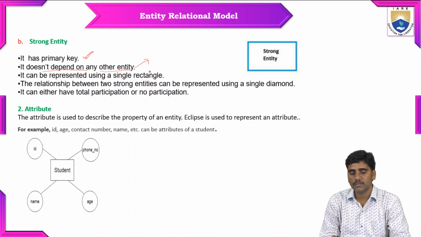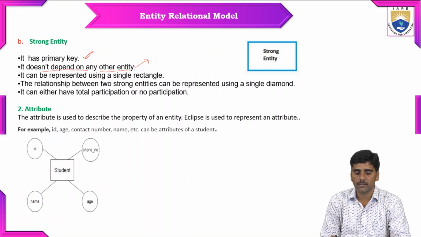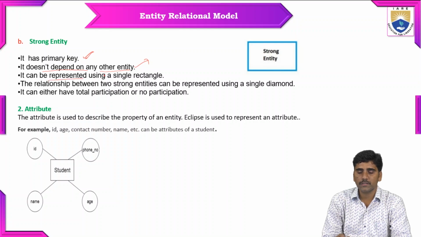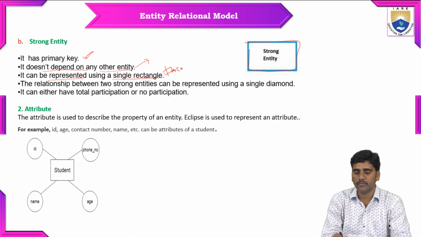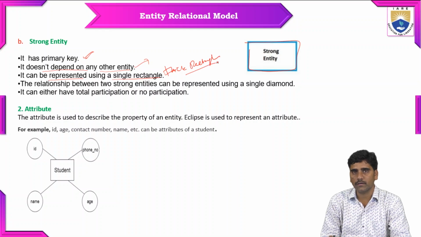It may be a source from which other entities are derived, but it does not depend on other entities. It can be represented using a single thick rectangle. So it is not like a double rectangle, it is a thick rectangle.